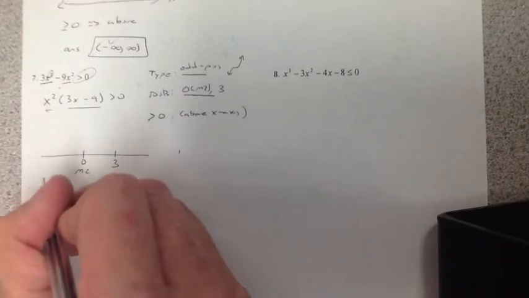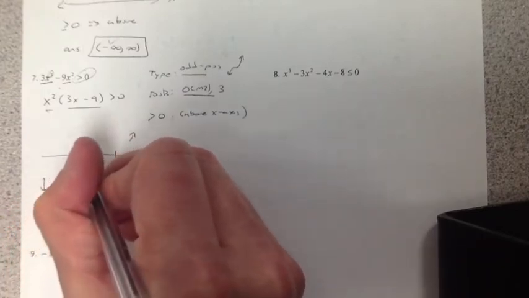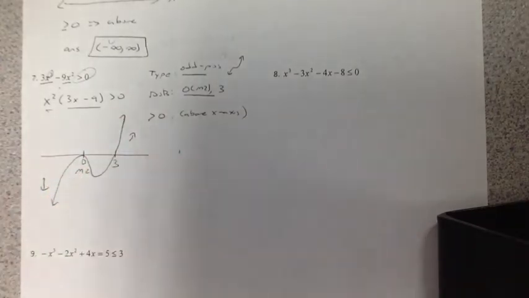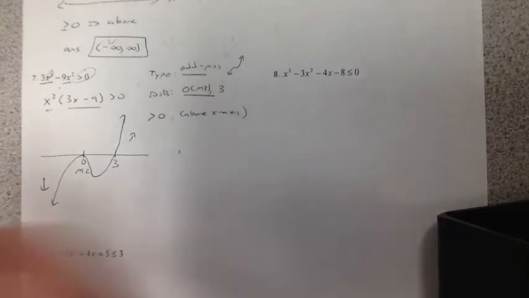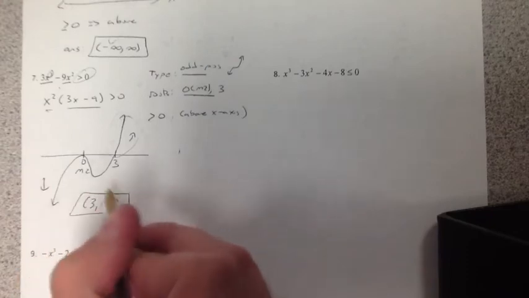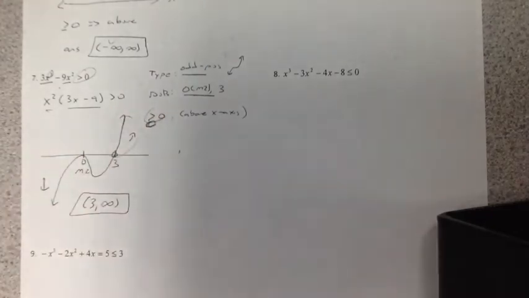It's odd positive, so it starts down, ends up. So when I graph it, remember at 0 it's going to bounce, and at 3 it continues to go up. So where's the one place this is above the x-axis? After 3. 3 to infinity. Soft bracket because we cannot include it right there. It's just greater than, soft bracket.